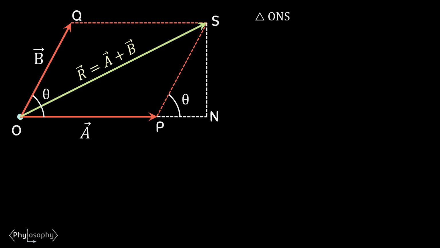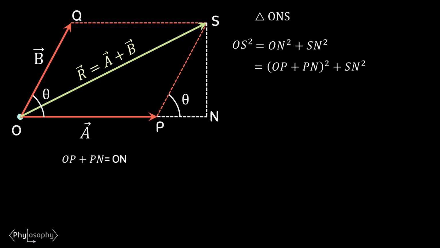If you apply Pythagoras theorem on this right angle triangle, then you can write OS squared is equal to ON squared plus SN squared. That is, hypotenuse squared is equal to base squared plus height squared. Now ON can be written as OP plus PN. So therefore we can write OS squared is equal to (OP plus PN) whole squared plus SN squared.